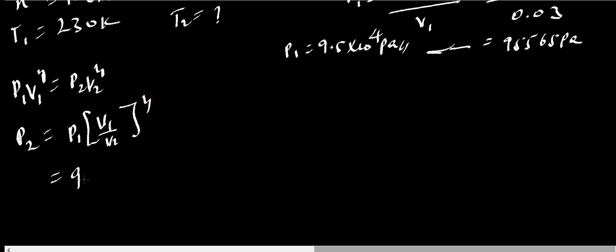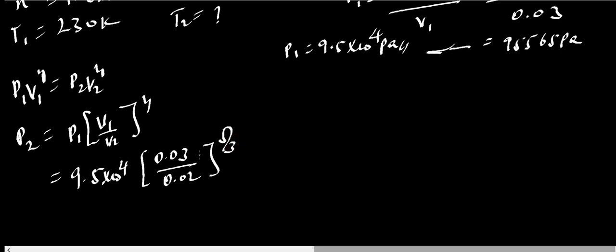This is 9.5 times 10 to the power of 4 times (0.03 divided by 0.02), and since our gas is monatomic, gamma is 5 over 3, which is 1.67. Dividing gives 3 over 2, to the power of 5 over 3.